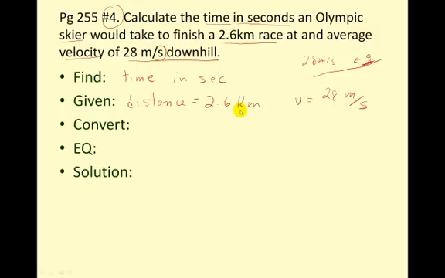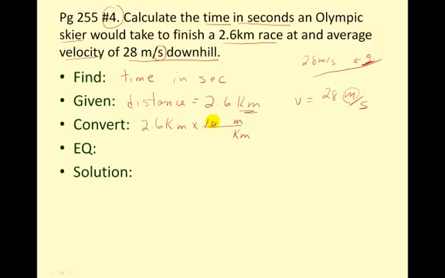So what do we have? We have a kilometer thing here, and then we have a meter thing here. So we're going to have to convert. What's the easiest way to convert? Let's go with 2.6 kilometers and multiply this by a conversion factor, and change kilometers into meters. See how I set up this ratio? Meters over kilometers, so that kilometers can cancel.